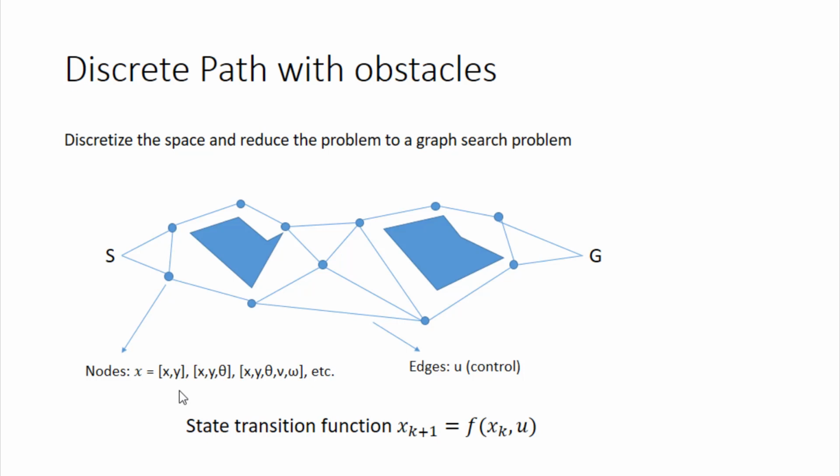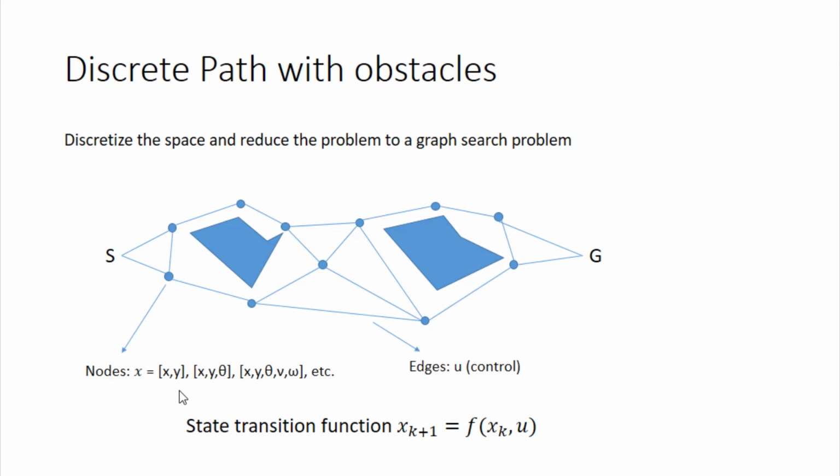Then the edges are the control. So if I want to move from one state to another state, that might be a straight line, and we might be able to get there very easily. So in those cases, we can use just optimal control to move there. So our nodes represent the states that we want our robot to be in, and the edges represent how we move between those states.